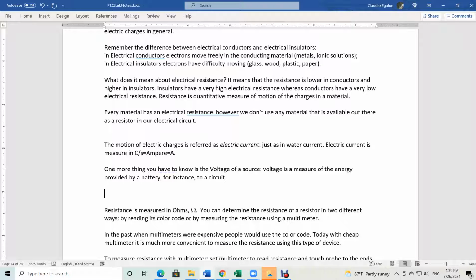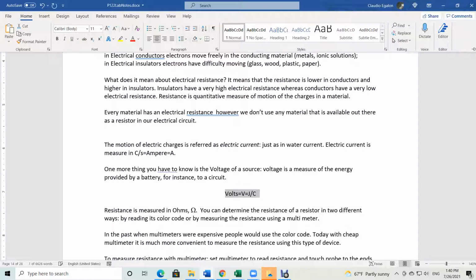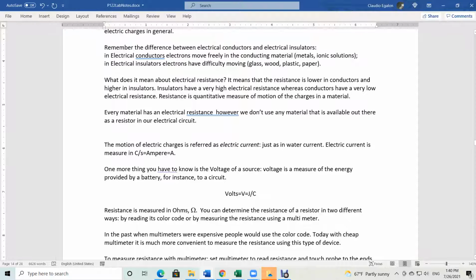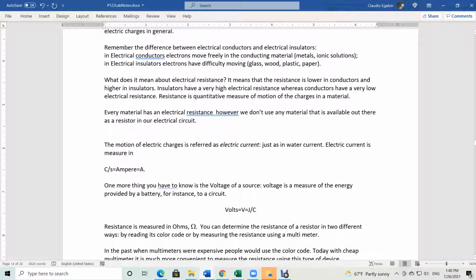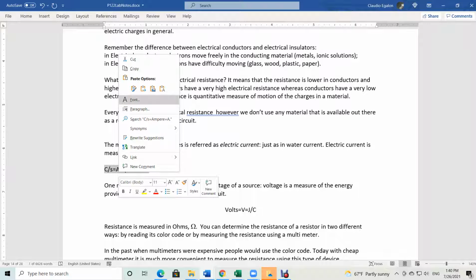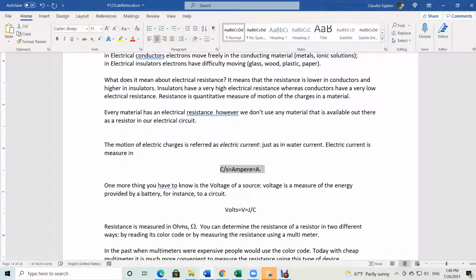Voltage is joules per coulomb, a unit of energy per unit of electric charge. Volts is represented by V. Ampere is what we study first before we talk about resistance.